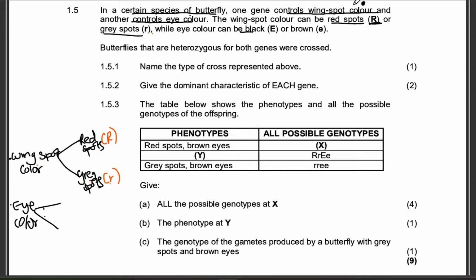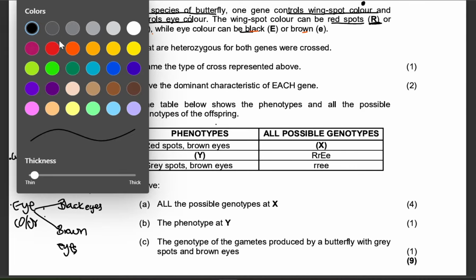Then, in terms of the eye color, we are given the alleles for the eye color, which is black and brown. So we are given the alleles for eye color, black eyes and brown eyes. Do not just write brown, brown white, brown hair, brown what, it's brown eyes, okay?